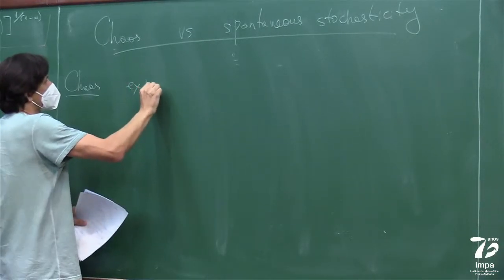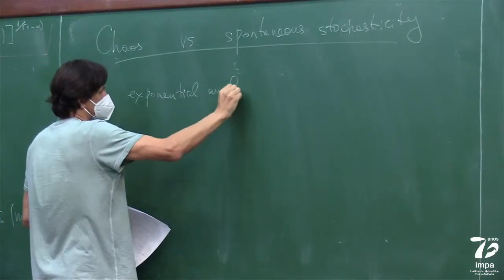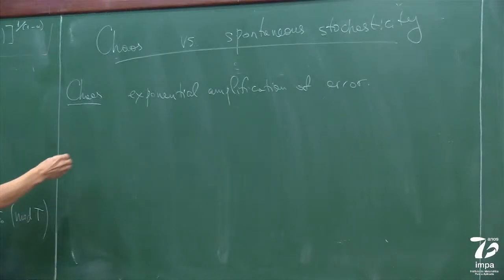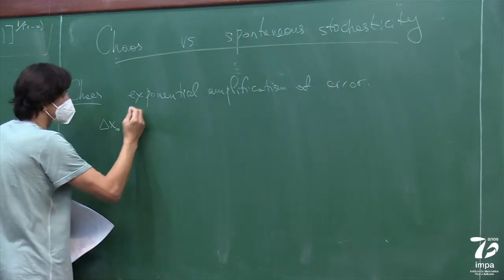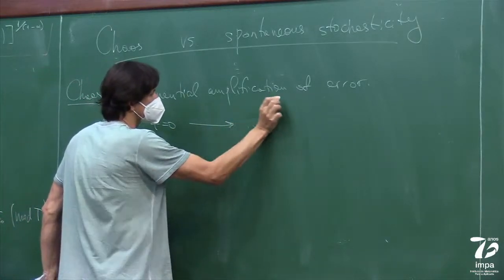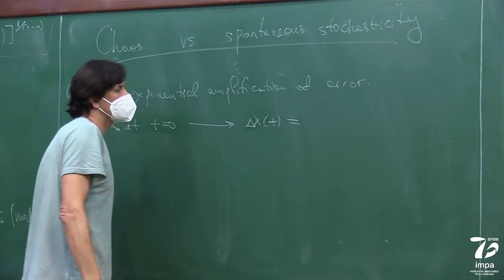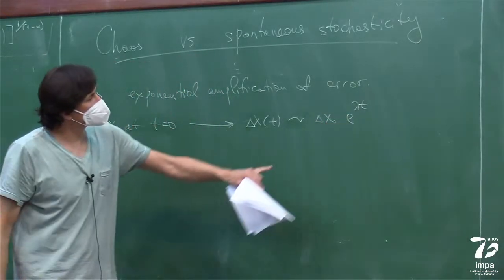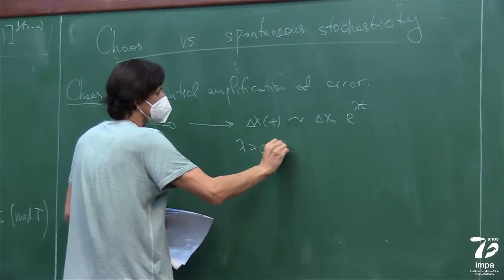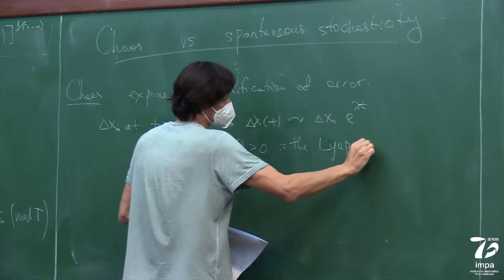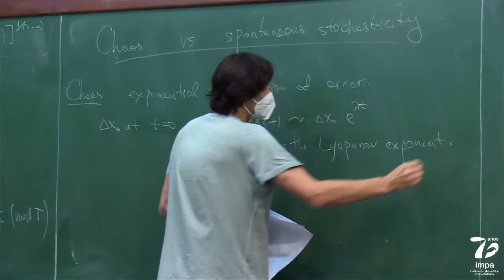So exponential amplification of error. It means that if you give an error to the initial condition at initial time, it will generate a much larger error at larger times, which can be estimated as the initial error multiplied by e to the lambda t, where lambda is positive, the largest Lyapunov exponent.